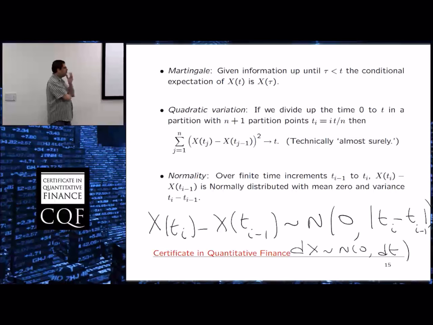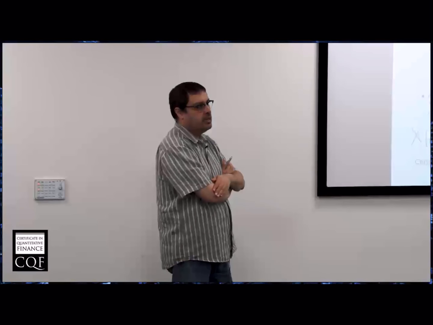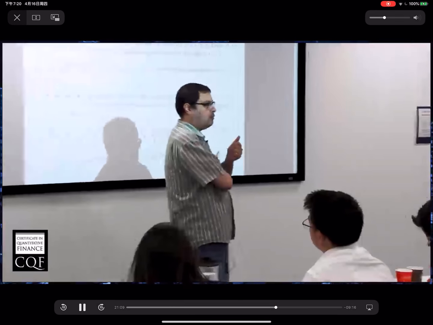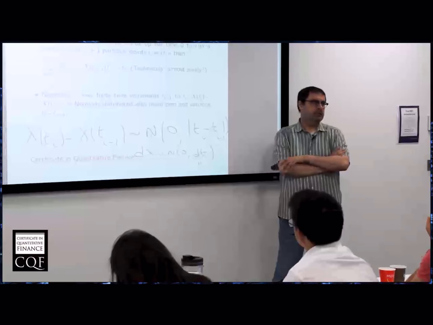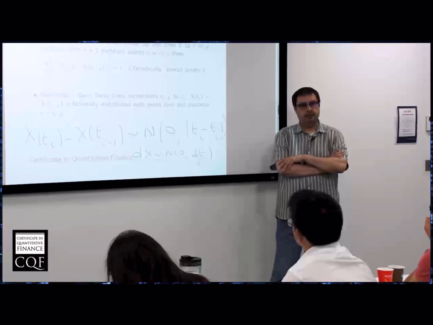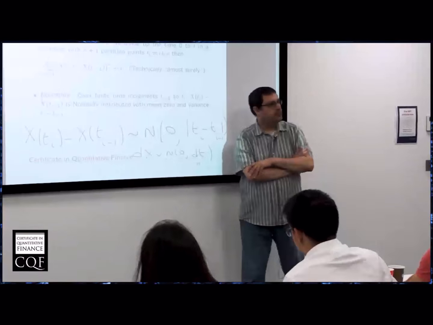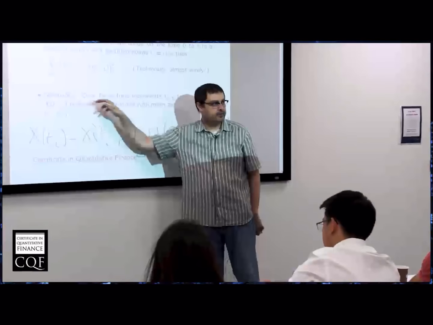Any ideas why it's normally distributed? Well, think of the coin toss. Remember, what distribution does a coin toss follow? It's Bernoulli, right? But if we have an infinite number of them, then the central limit theorem gives us something which is normally distributed.